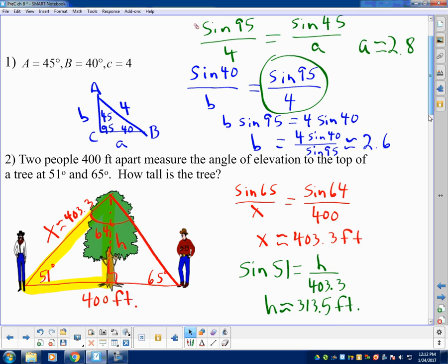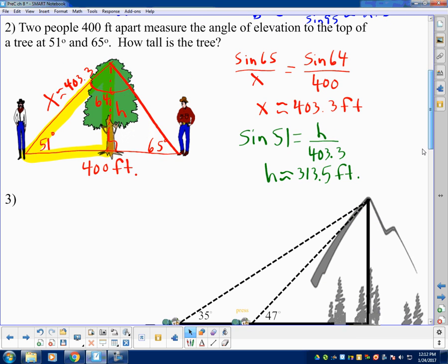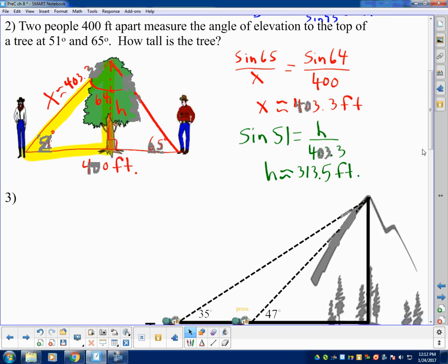All right, number 3, looks like I have some interactive stuff here. I don't have the problem written up there though. I had to leave room for my picture and the little interactive things that come in here.